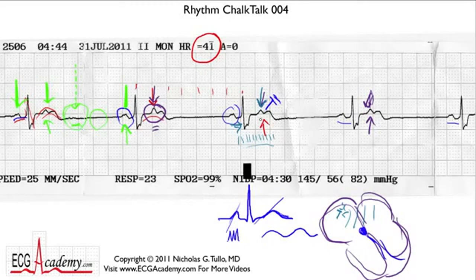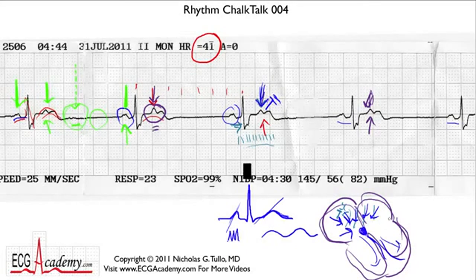But in fact, premature beats like this commonly don't conduct, and it's sort of normal behavior for the AV node, because the AV node, in fact, acts kind of like a safety valve, and it prevents very rapid electrical rhythms like atrial fibrillation and flutter from being conducted down to the ventricles at super high rates.